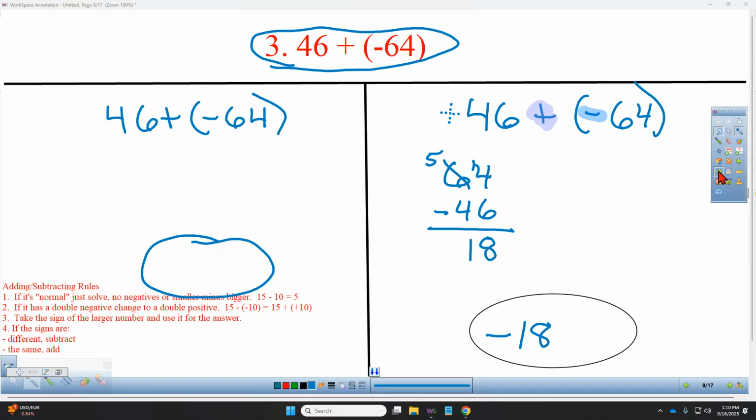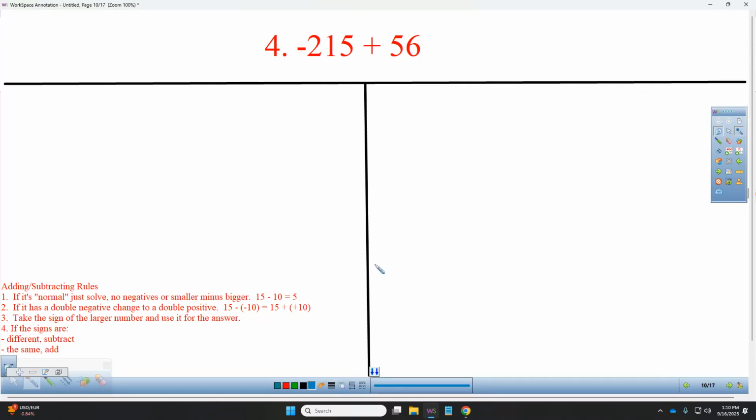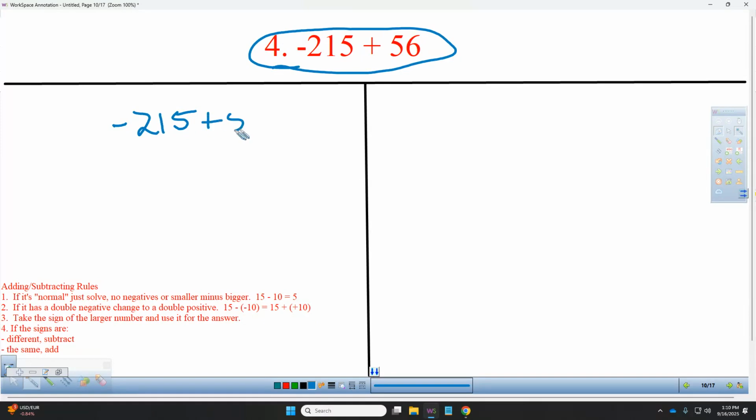Moving on to problem number 4. Write this down, and then write the problem and solve it. Pause the video and solve it. So pause the video at this point, solve and circle your answer.